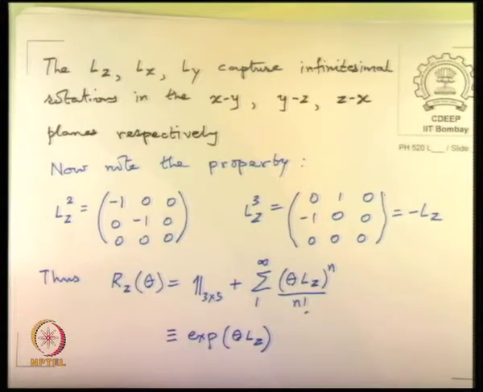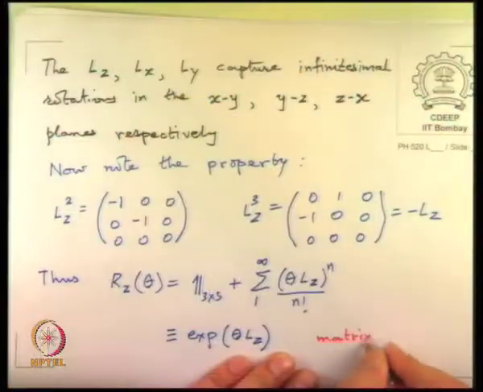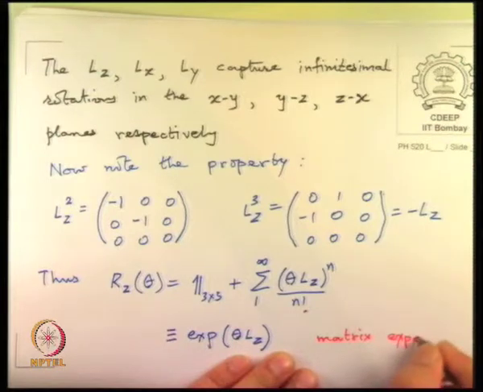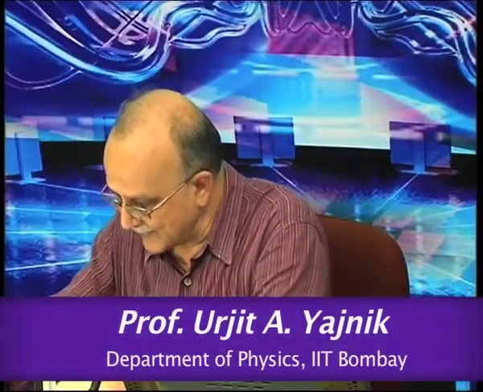The exponential of a matrix is defined by its power series, and the power series is well defined because it is just matrix multiplication n number of times. So this is a matrix exponential. So at least as far as rotations in any one plane are concerned, they are just exponentials of corresponding infinitesimal rotations.